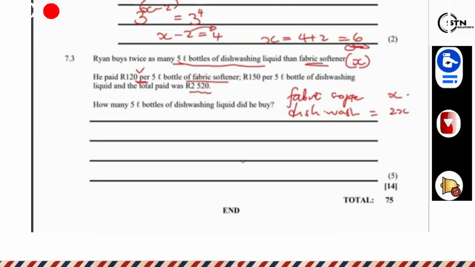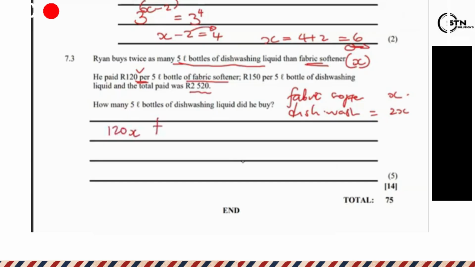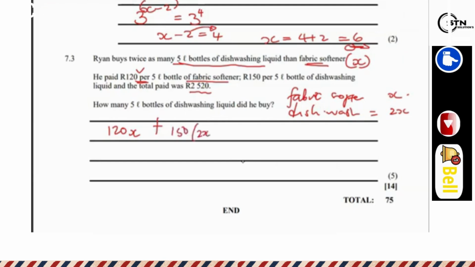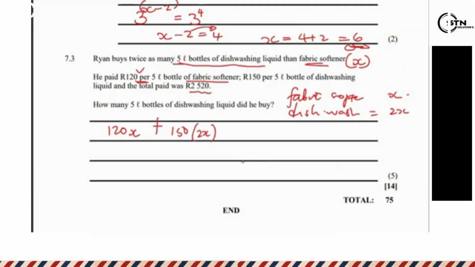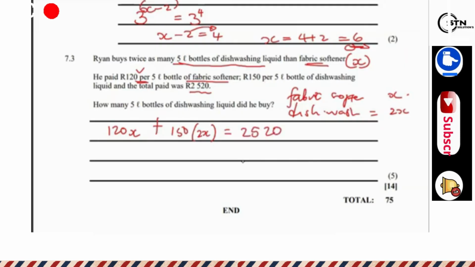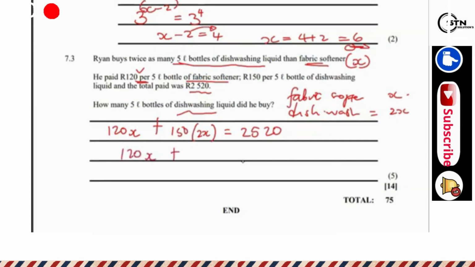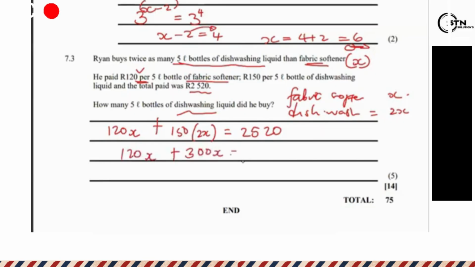So meaning that if I get the 120 times x plus the 150 multiplied by the dishwashing, which is 2x, I must get a total of 2,520. And they're asking me how many dishwashers did he buy. So I need to solve this. So meaning that I have 120x plus 300x must give us 2,520.